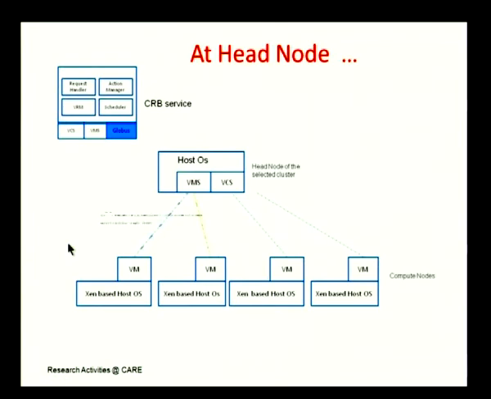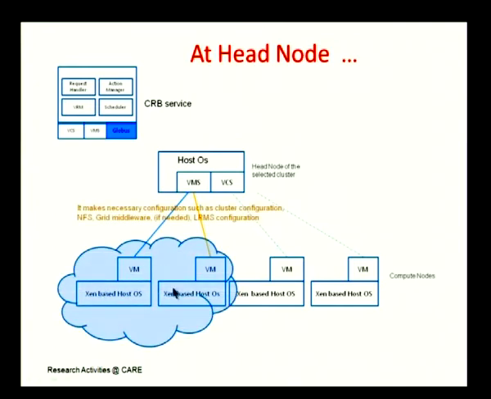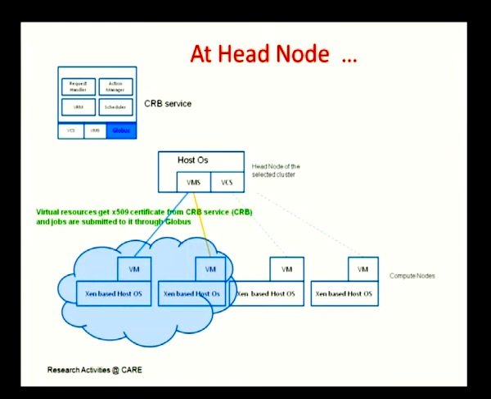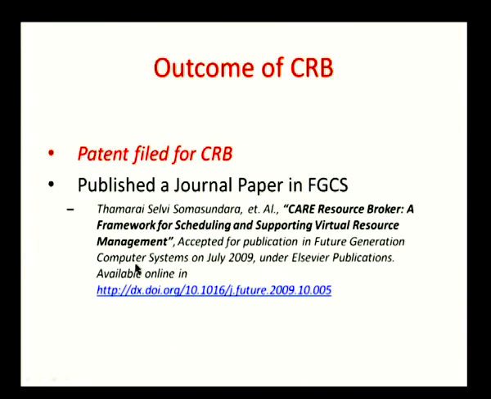After that, in the head node, the VCS selects the potential compute node, and if it is possible to create the virtual machines here, then both are clustered together. So, this is done automatically, and we give the certification for the purpose of security, and the job is submitted through Globus. So, virtual machines have been created and the virtual cluster has been automated.